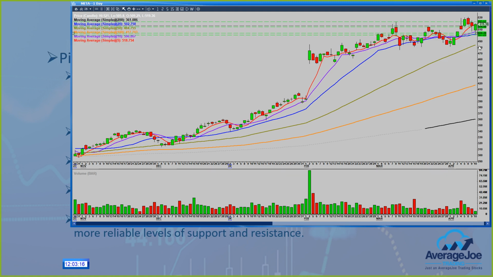So I draw these to help me determine, number one, where do we have potential support or resistance on the daily chart. Historical levels are pretty significant. So I look for that.